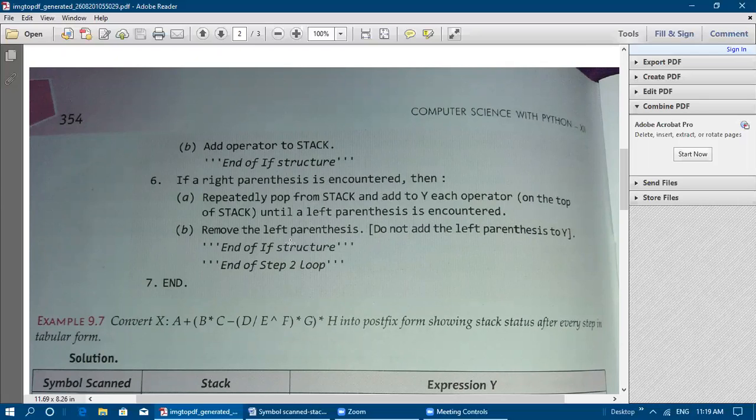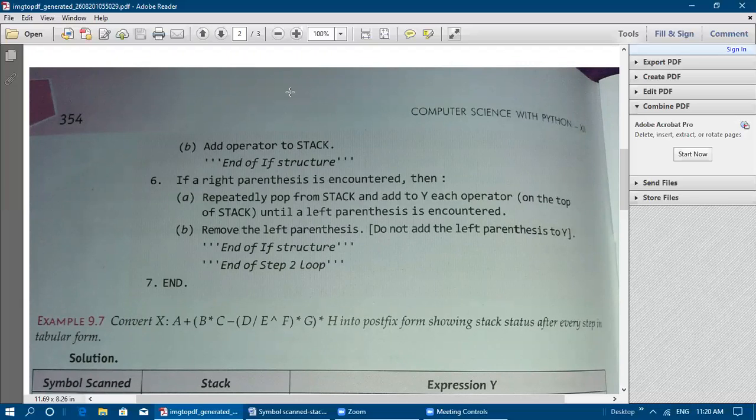So if a right parenthesis is encountered, we need to repeatedly pop from the stack and add each operator to Y, from the top of the stack, until a left parenthesis is encountered in the stack.